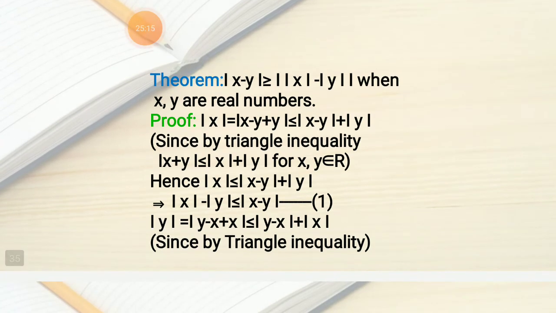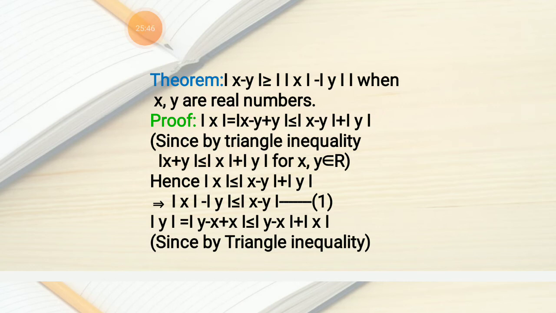One more theorem: mod of x minus y is greater than or equal to mod x minus mod y when x, y are real numbers. You can write mod x as mod of x minus y plus y, because y cancels, means again x. You can write this as less than or equal to mod of x minus y plus mod y, by triangle inequality. So here we apply the triangle inequality by substituting x minus y as x, y as y. Mod of x plus y less than or equal to mod x plus mod y.